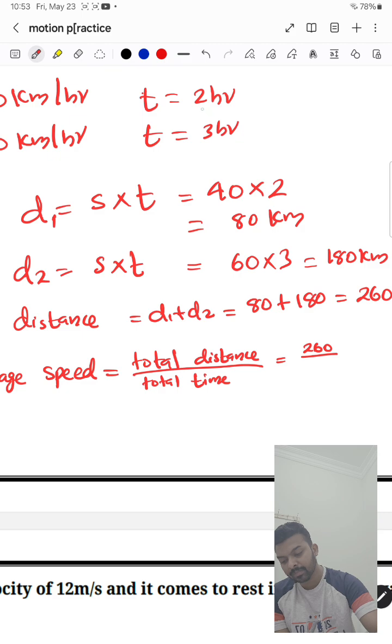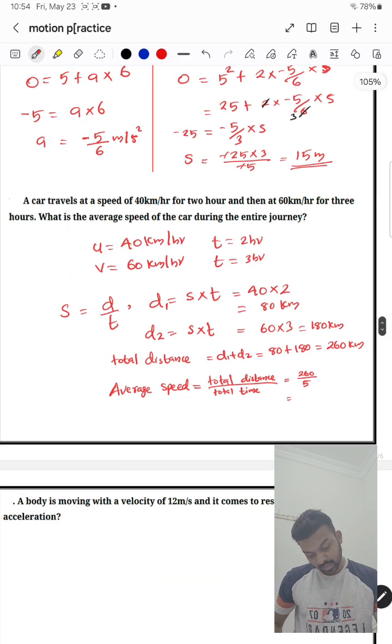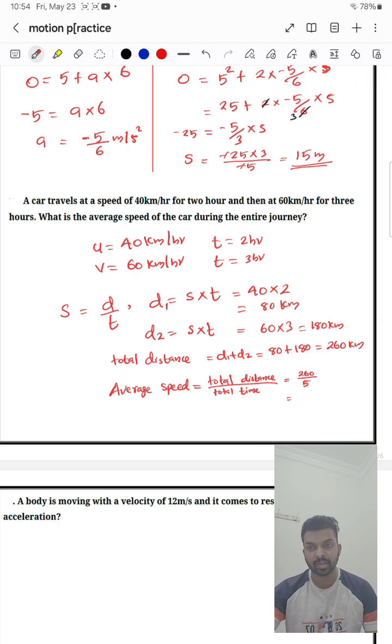The total time is 2 hours and 3 hours, so on adding, it will be 5. Okay or not? So the average speed is equal to 260 divided by 5. Okay, now it is easy.